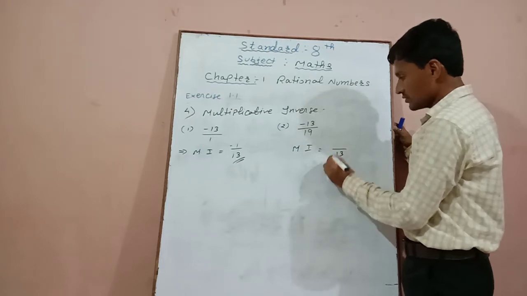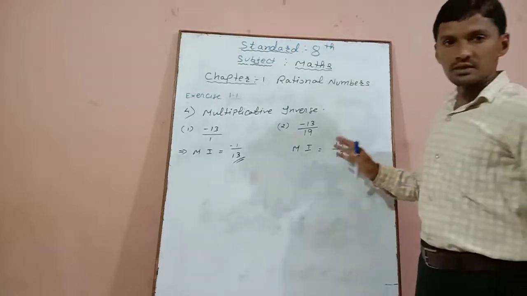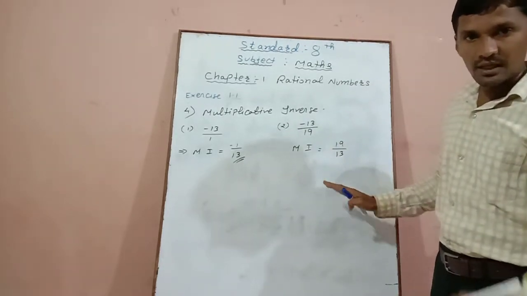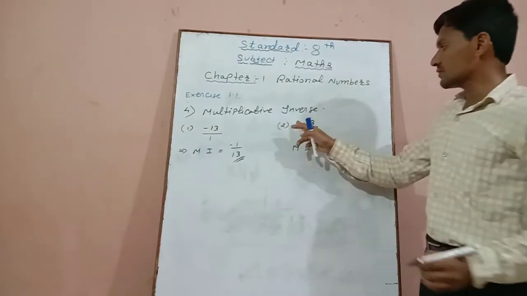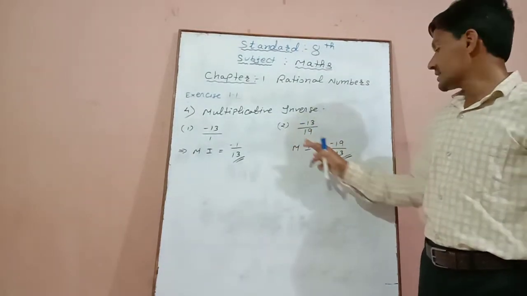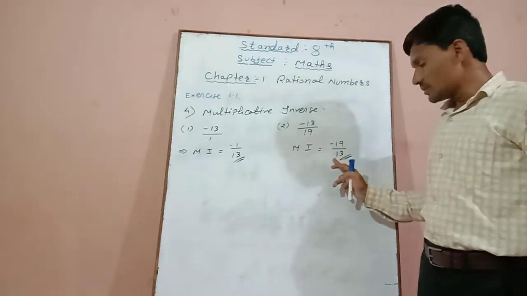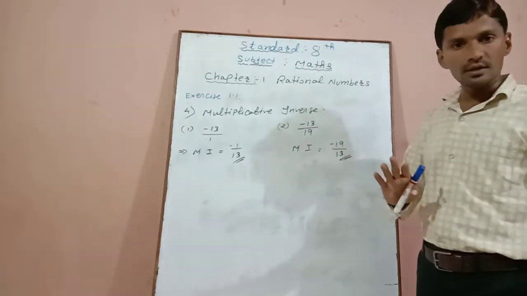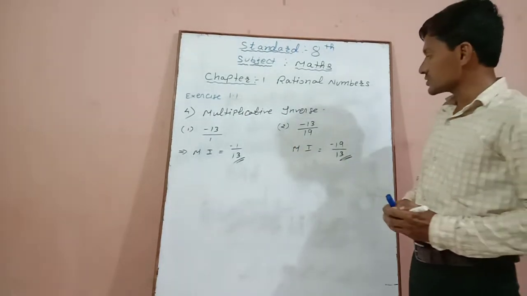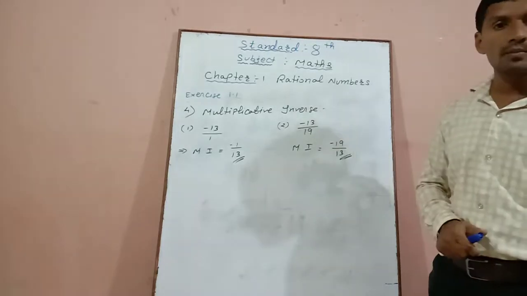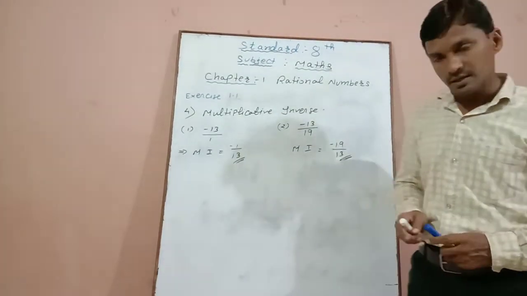So 13 will be on the denominator and 19 will be on the numerator side. If the sign is on the numerator side, then it stays on the numerator. If it is on the denominator side, then it will be on the denominator side. So this is answer number 2. Multiplicative inverse of minus 13 divided by 19 is equal to minus 19 divided by 13.